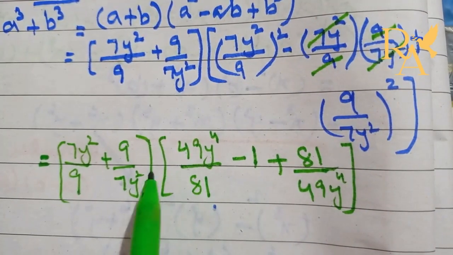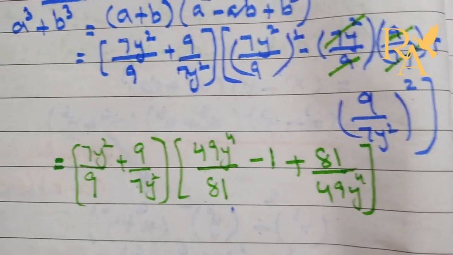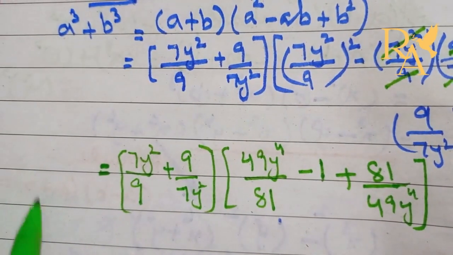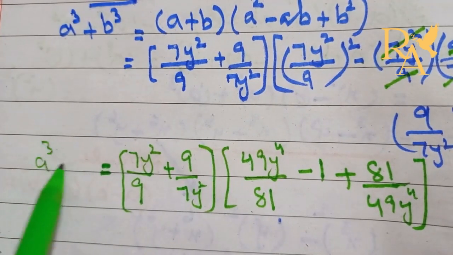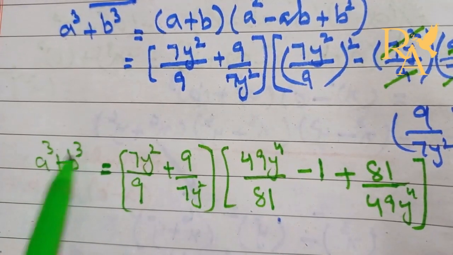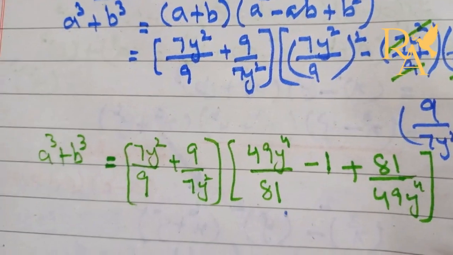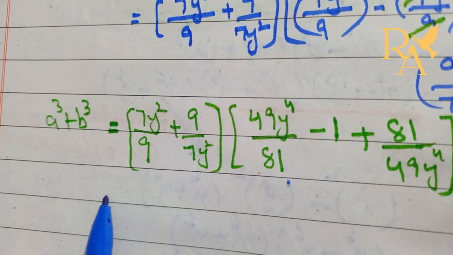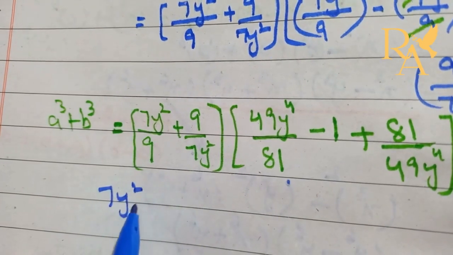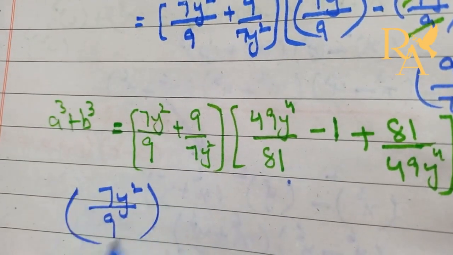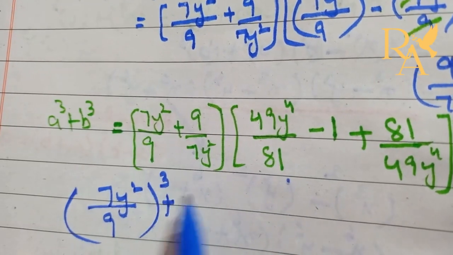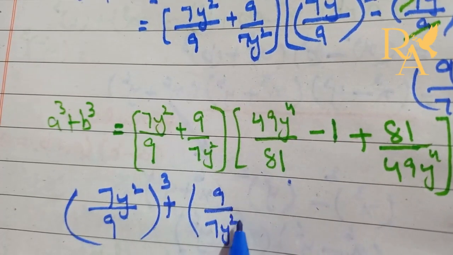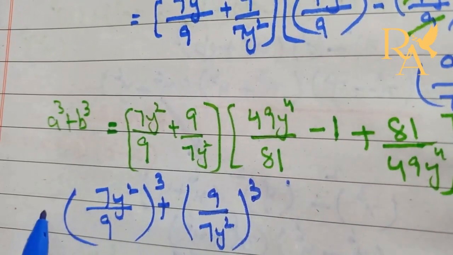This whole equation is equal to A³ + B³. The value of A³ + B³ is (7y²/9)³ plus (9/7y²)³.